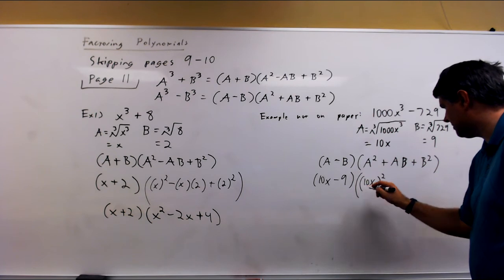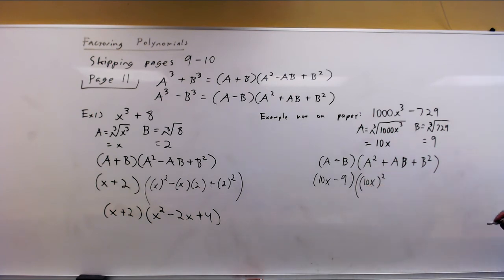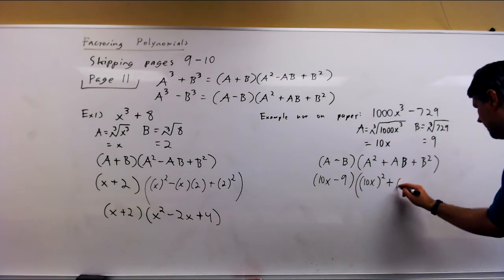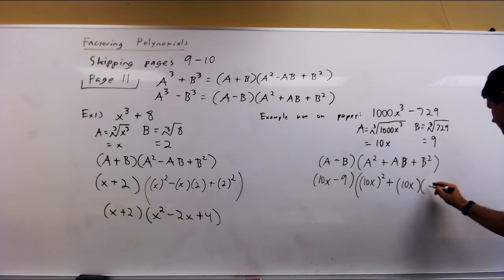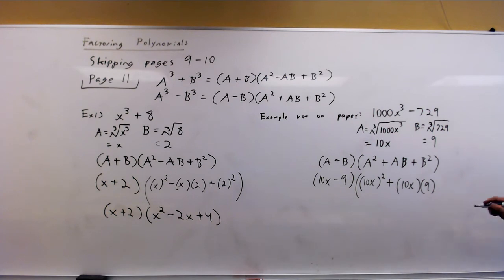Make this pair of parentheses a little taller too. Plus 10x times 9. Okay, plus 9 squared, all in a taller pair of parentheses.